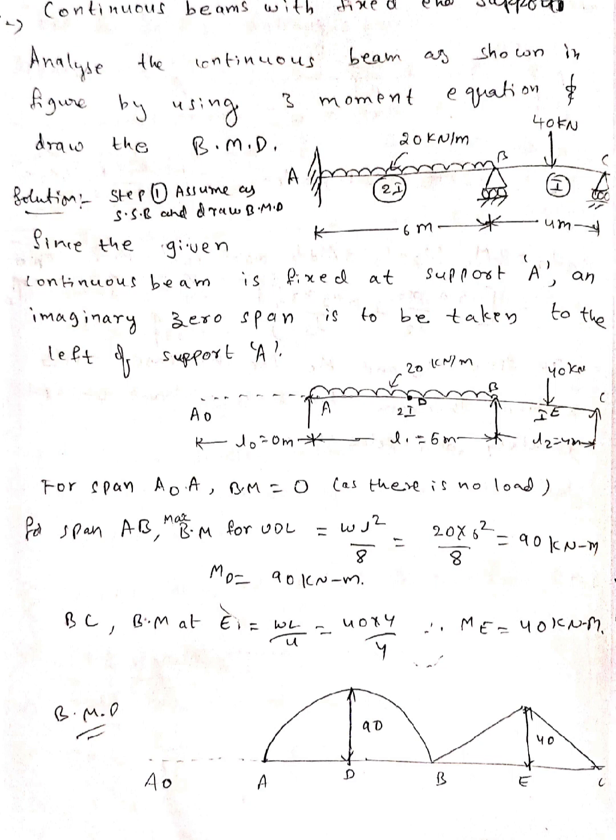In the figure given in the question, at A we have a moment, at B we have a moment, and at C there is no moment as it is simply supported at the end. So we need to calculate MA and MB. Now coming to span BC, bending moment at E, that is at the middle, is WL by 4, that is 40 kN meter. So the bending moment diagram is shown in the figure.